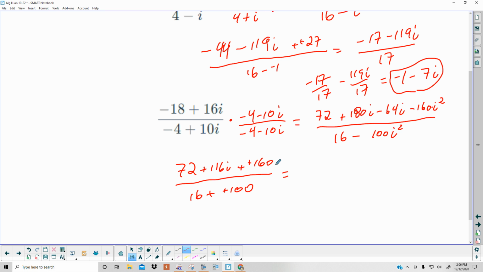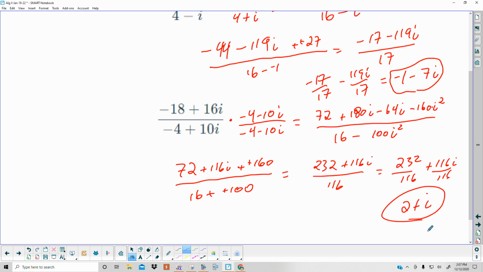So 72 plus 160 is 232 plus 116i over 116. Split this into 232 over 116 plus 116i over 116, which gives you 2 plus i. And that's your final answer.